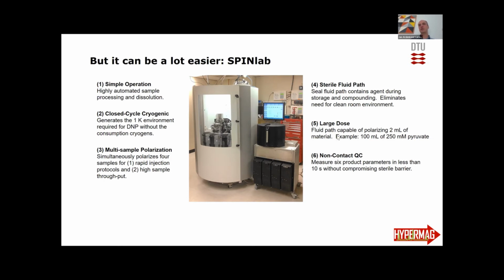And then, of course, we need a large patient dose, as I just explained. And finally, before the product is injected into the patient, we need to ensure that everything has gone well. So we do some QC before the product is released, and that also has to take place within seconds, because time is of the essence, and the T1 is short, and the clock ticks.